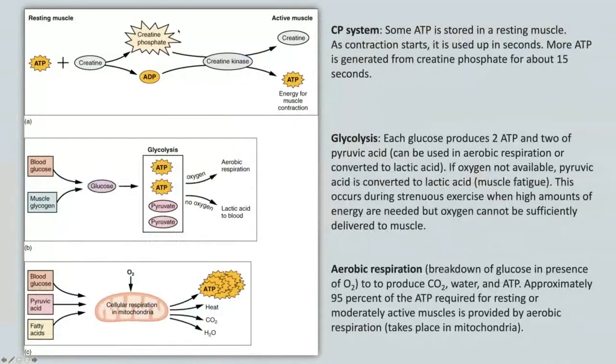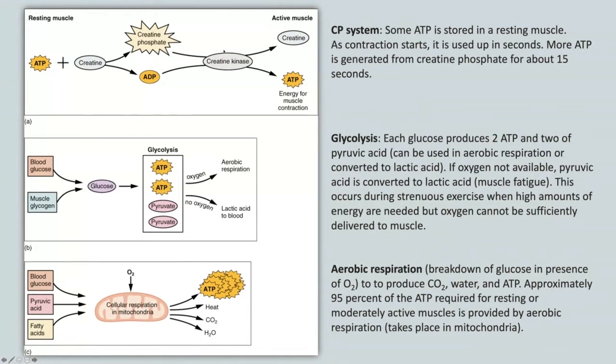This diagram is great to understand this. Here we have the creatine phosphate system. Notice that here we have ATP. ATP will bind to creatine, forming creatine phosphate and adenosine diphosphate.